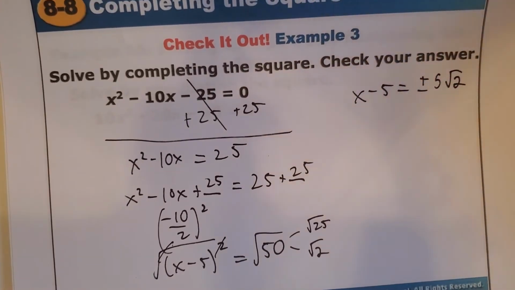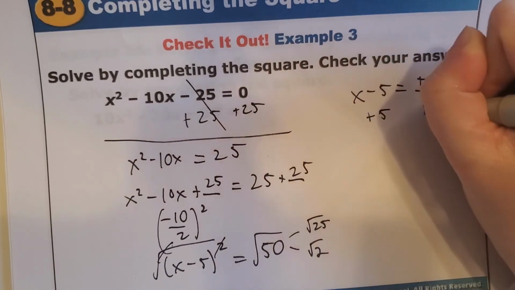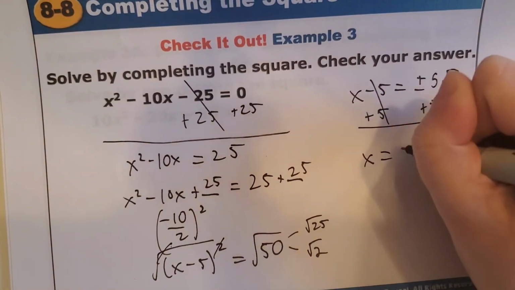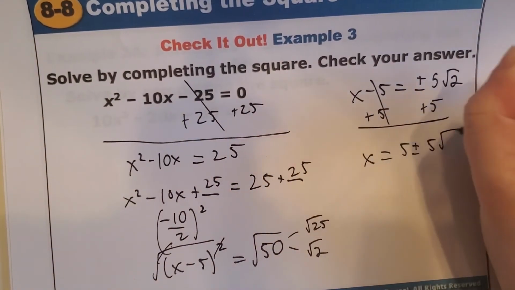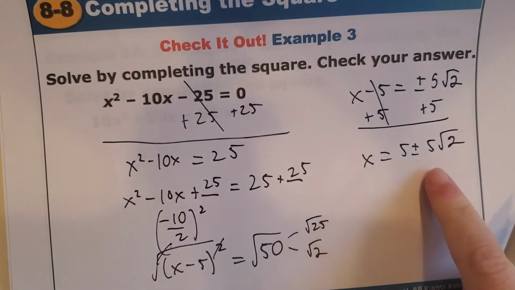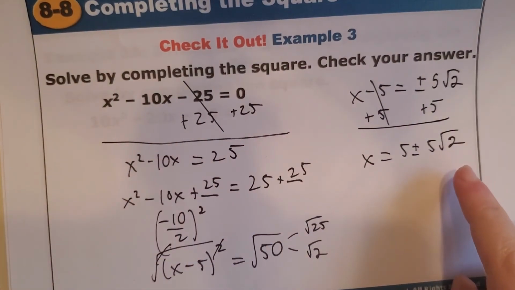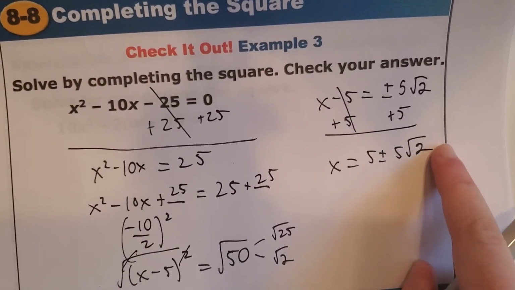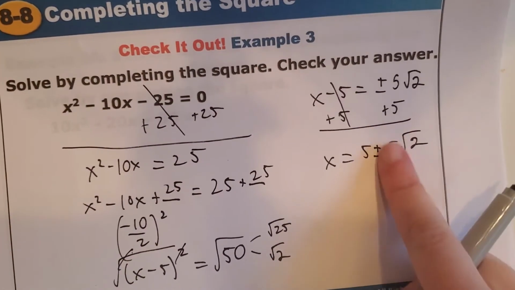But then this is the exact same as the last one, where we're just going to add 5 to both sides. It wouldn't really do you any good to split it up, because even though you have a 5 plus 5 and a 5 minus 5, the 5 is being attached to the root 2, all right? So you would have to treat the 5 root 2 as a whole number.